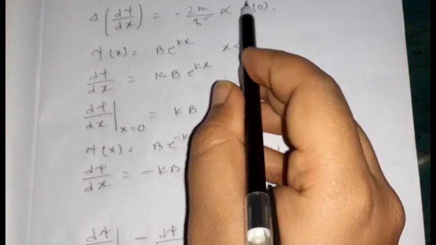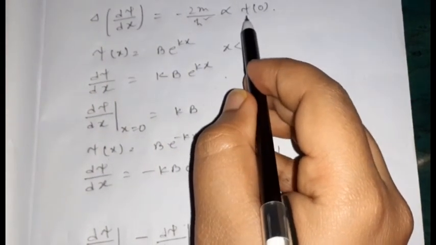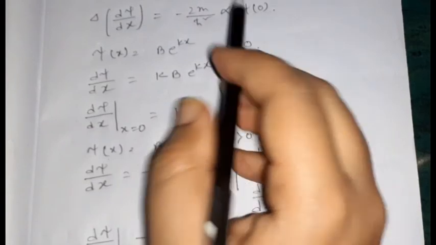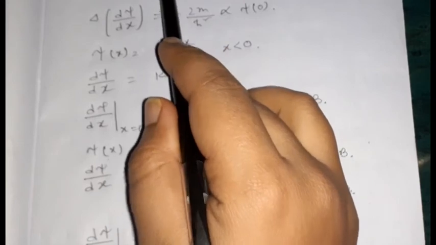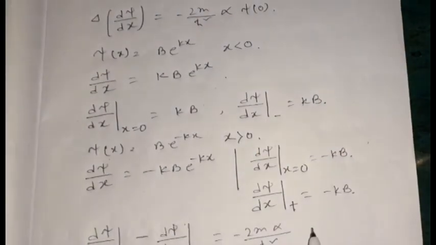Now psi(0). What is psi(0)? The wave function at x equal to 0. For both cases, if I put x equal to 0, we get only b. So psi at x equal to 0 is b.